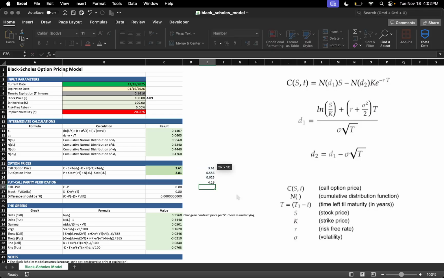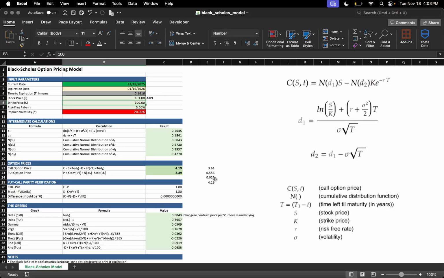And if I sum this up, you get 4.19. So if I change the stock price to 101, assuming that nothing else changes, right? The risk-free rate doesn't change, and if the implied volatility remains the same, then I should get 4.19 right here. There we go, 4.19.